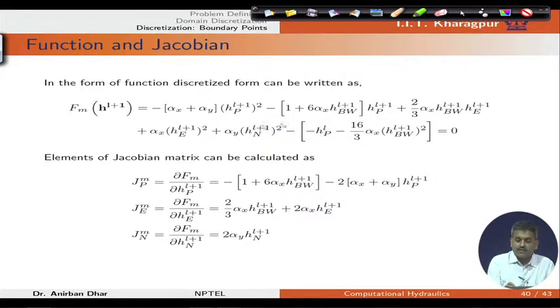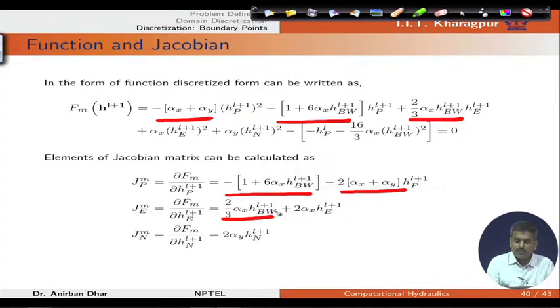This is our form, again Jp is coming from here, this is 2 alpha x, this is 2/3 Bw Hw, 2 alpha x He, 2 alpha x He coming from here, and 2 alpha y Hn L plus 1, this is directly coming.